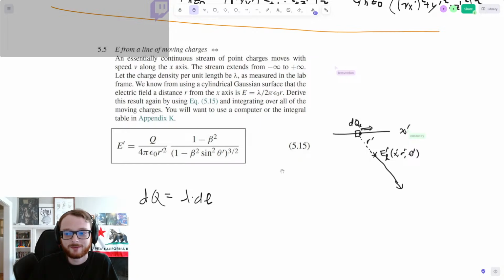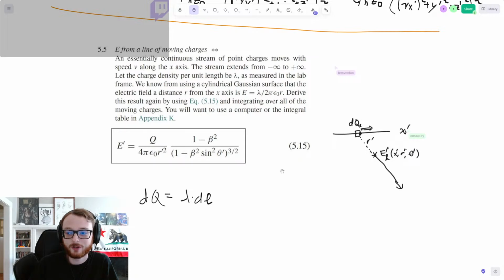My feeling when I was reading the book was that the sections were kind of talking past each other, and maybe this is what was going on there. I think it's going to have to be something like what you're saying, though, because the lambda that we measure in the lab frame is when the charge is moving and the point is stationary.